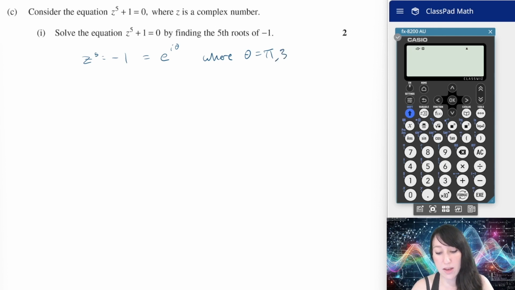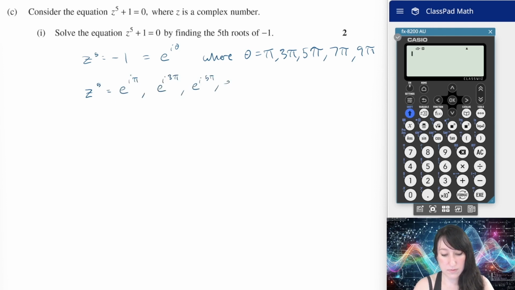So we'll have 3 pi, 5 pi, 7 pi, and 9 pi. And then we take everything to the power of a fifth to solve for z.